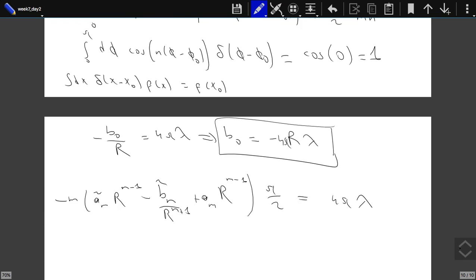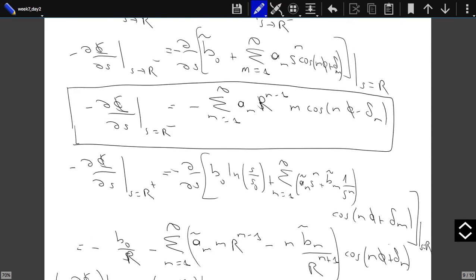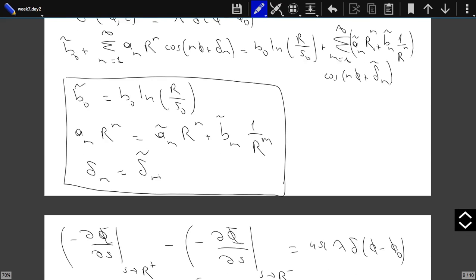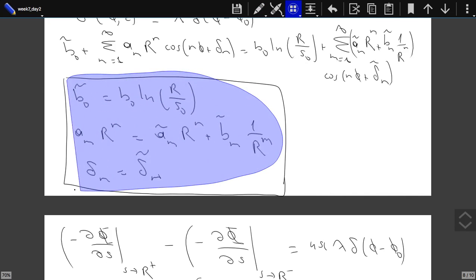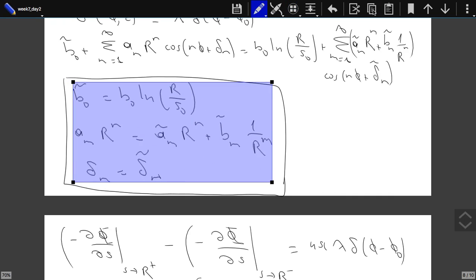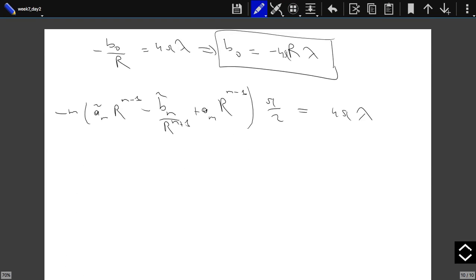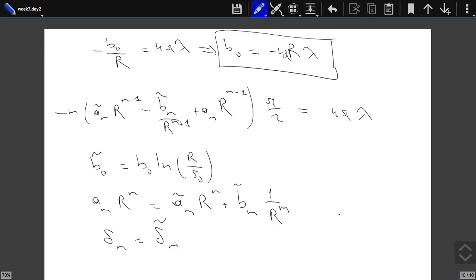And we had already found one relation. So these we already had from the continuity of the potential. These two relations we obtained from the discontinuity of the electric field at the surface. And so we can basically determine what these A and B coefficients are.